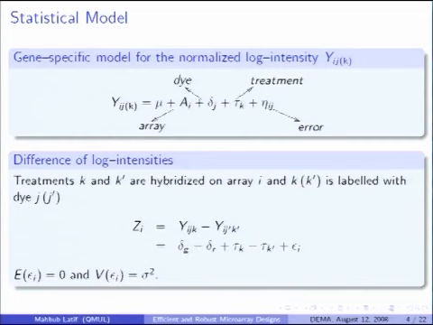We assume the treatments k and k prime are hybridized on array i, and k is labeled with dye j and k prime with j prime, and z_i is the difference of log intensities between treatment k and k prime.